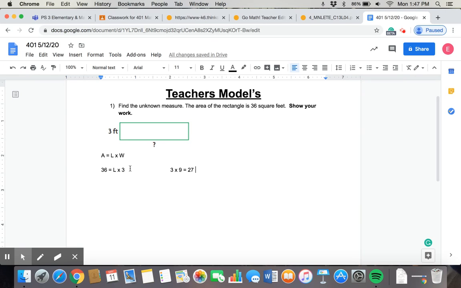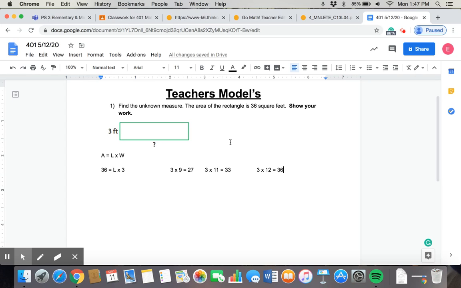Let's try 3 times 11 maybe? Well, that equals 33, so I know it's more than that. 3 times 12, and that does equal 36. So that's one way that I could find it, and I would know that my length is equal to 12 by doing guess and check.